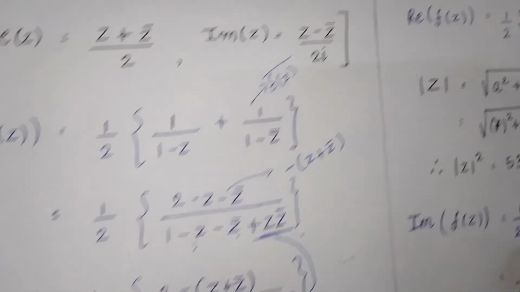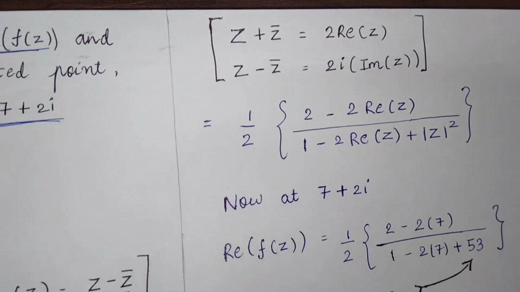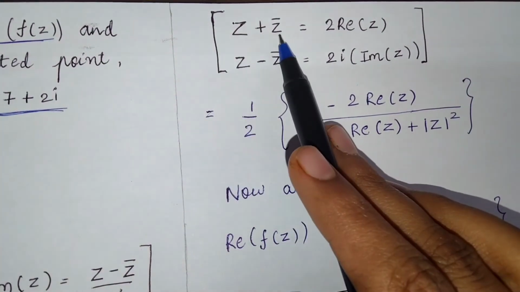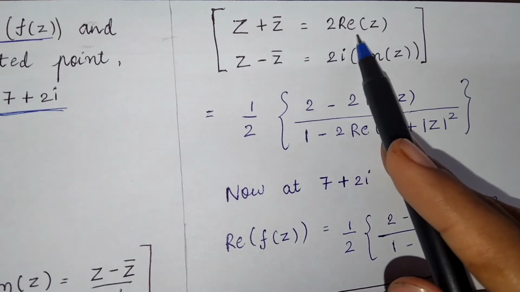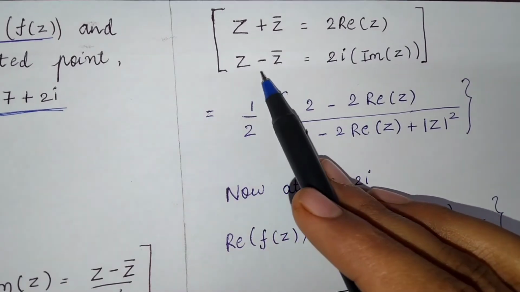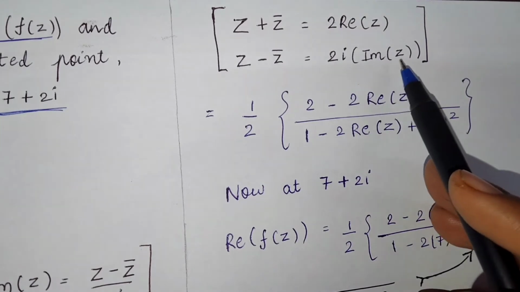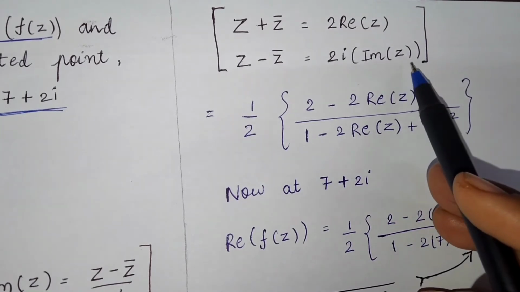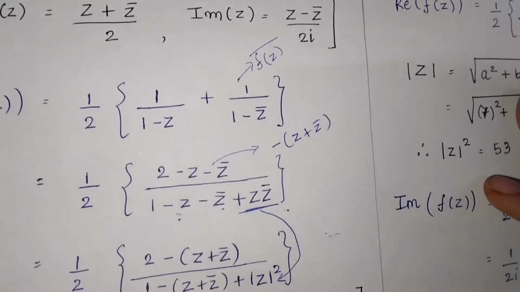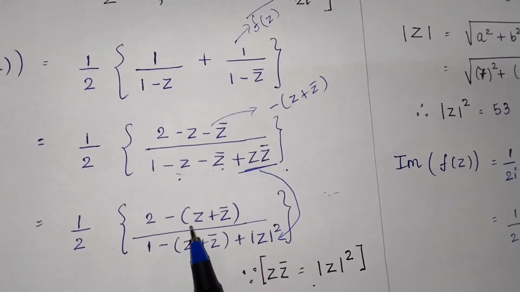So now you should know that z plus z conjugate is equal to 2 real part of z and z minus z conjugate is equal to 2i into imaginary part of z. So in this equation which we found, what do we have? z plus z conjugate.